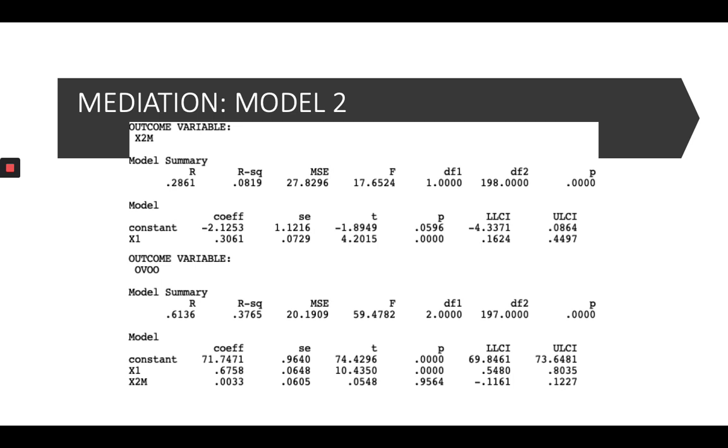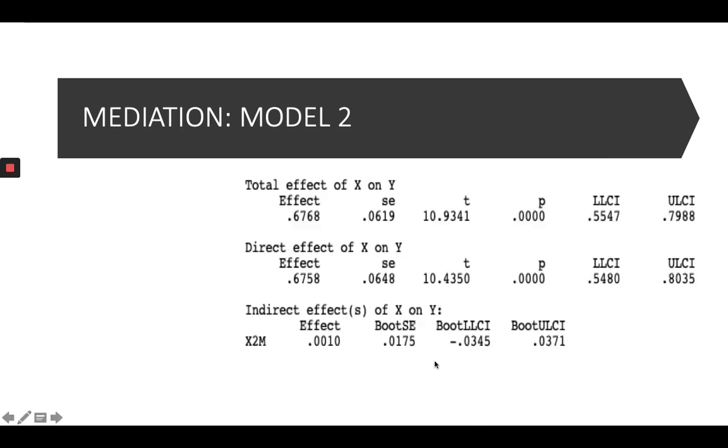So for the second model, we can see that there is also significance within the A pathway. However, there is a slight difference here. When you include the mediator in the model, the pathway for part B is not significant, which is right here.